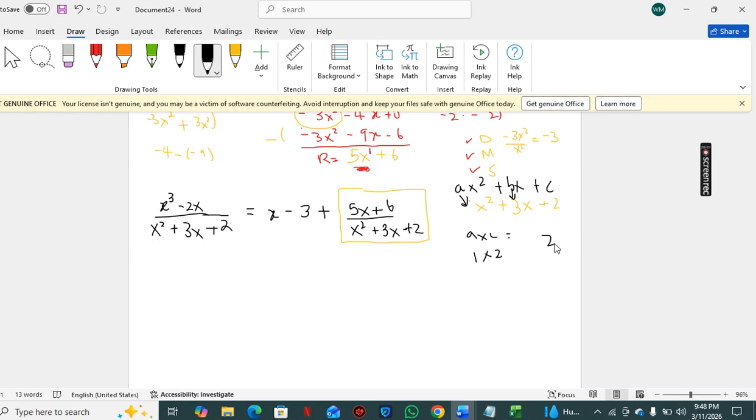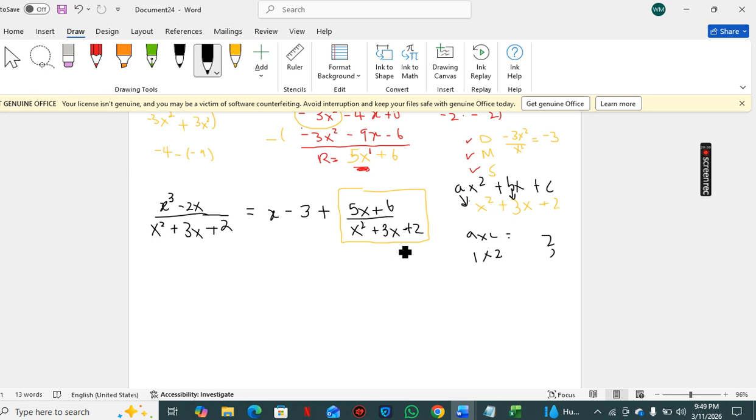So we have to look for two factors that, when we multiply them, give us 2, and when we add them, give us 3. Colleagues, what are those two factors? Madam Shelley? So when we multiply them, they should give us 2, and when we add them, they give us 3.